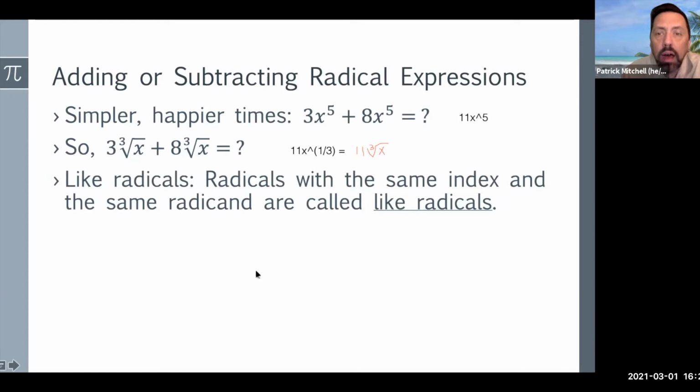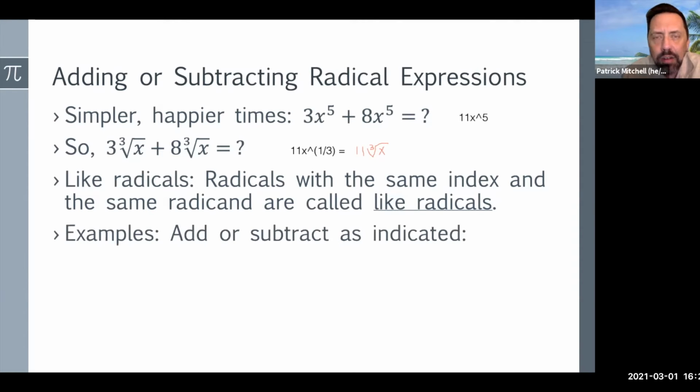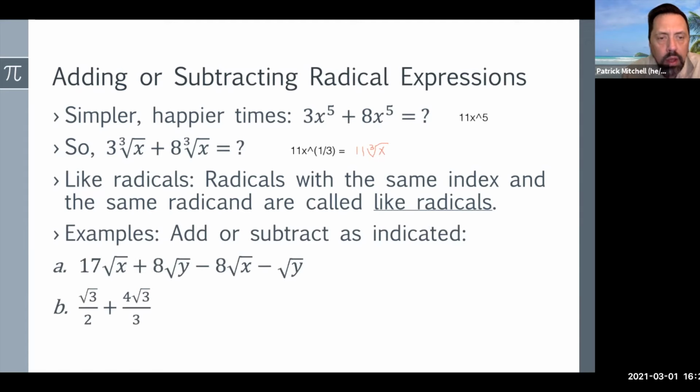Radicals that are exactly the same are called like radicals. So they have to have the same index and the same radicand, which you remember is the expression under the radical.